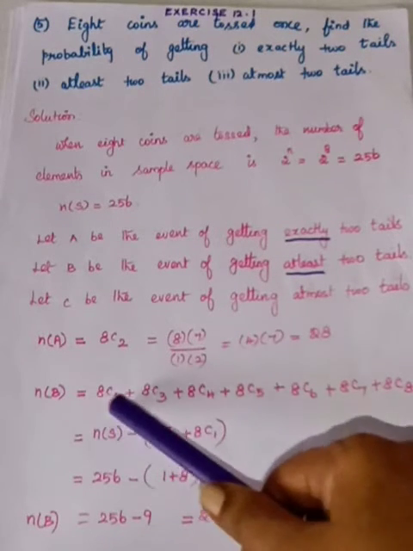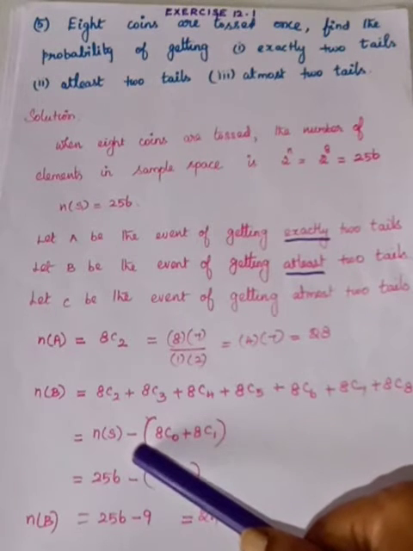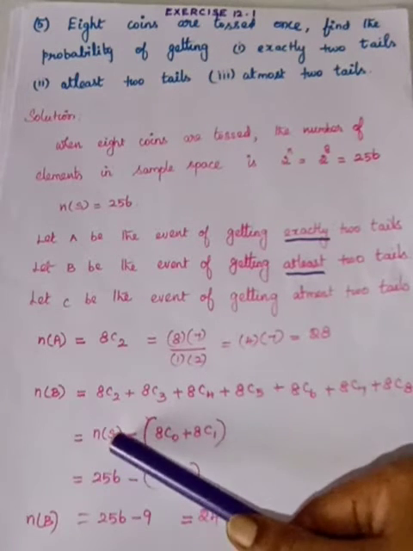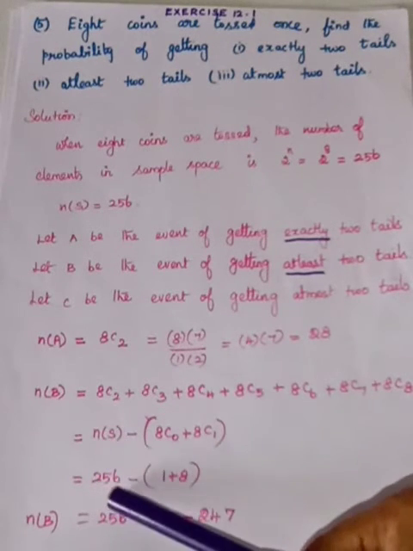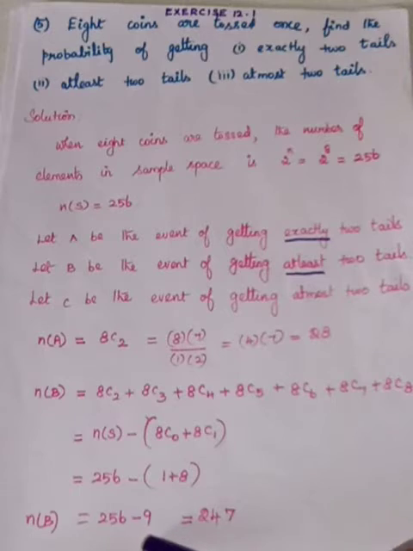Instead of finding all the combinations, you can use the formula n of s minus 8C0 plus 8C1. n of s means all the elements are included, so the number of elements in the sample space is 256. From that you subtract only 9 elements, and you get 247.